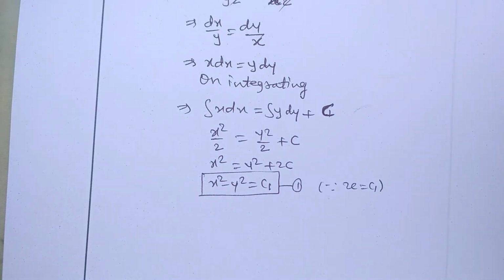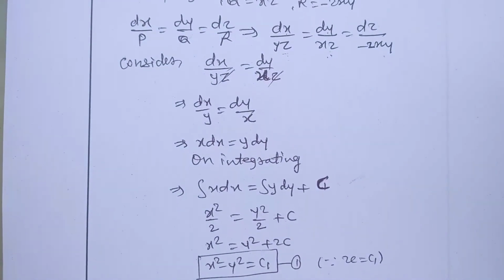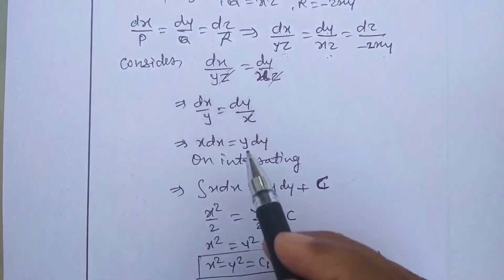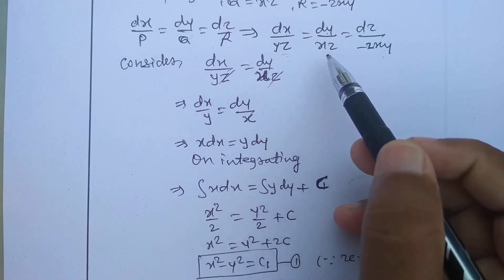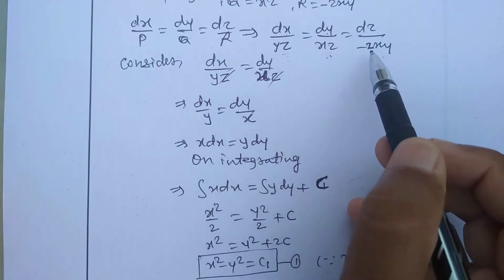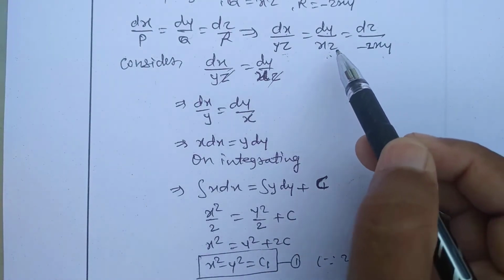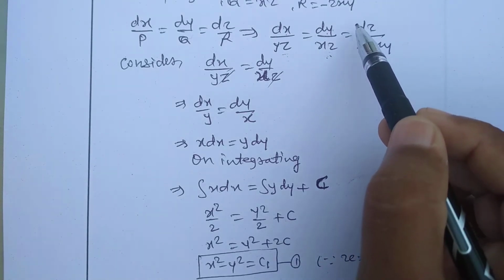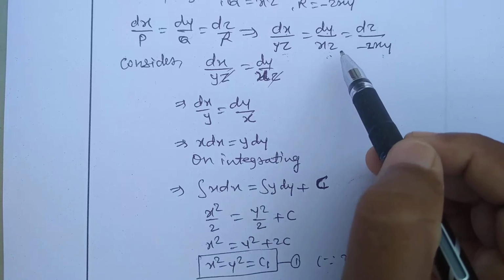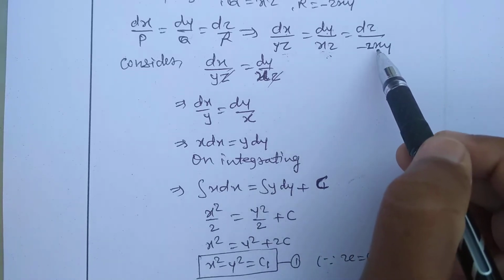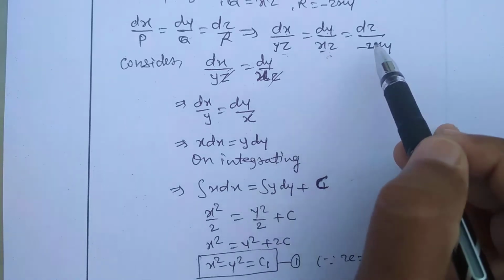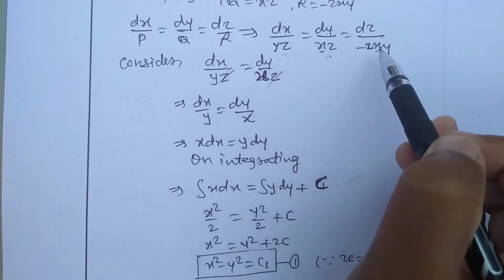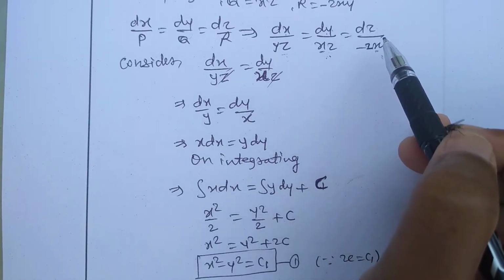Again we have to find another solution by considering a different group. For the first solution we considered first and second. Now try second and third, or first and third. If you try second and third, in the numerator we have dy and dz, that means dx is absent. So from the denominator x must be cancelled out. Here there is a single term of x and here a single term of x, so that x will get cancelled.